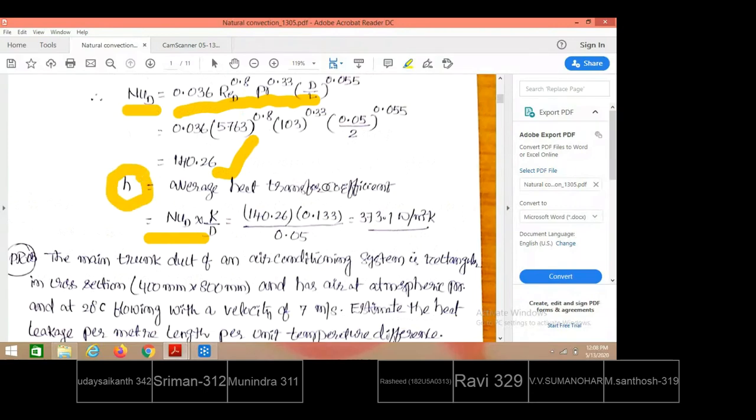Once h is known, then Q can be written as hA into delta T. What is A? The area of fluid contact. Q equals hA into Ts minus the fluid temperature, which for internal flows is the bulk mean temperature.